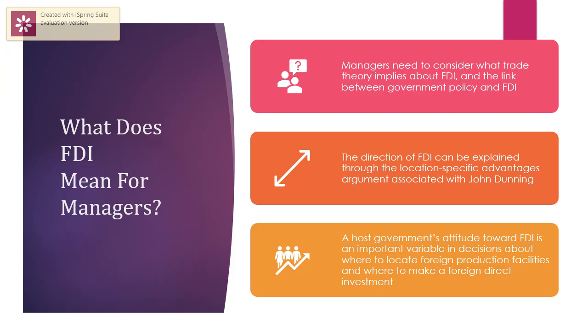It is very important for you to understand the government perspective regarding encouragement and restriction or discouragement of FDI inflow and outflow both. Second, the direction of FDI can be explained through the location-specific advantages argument associated with John Dunning.